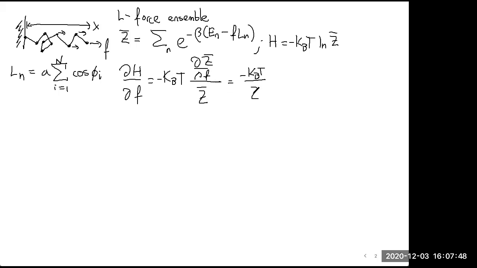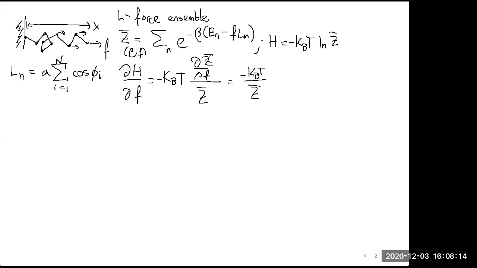This should be easy for you because in the end, Z is a number that can depend on these quantities. As you see, Z depends on the temperature. You're summing over n, so it won't depend on the energy or the length at the end. You're summing over these. So this will be a function of beta and F in reality. These are the only variables on which Z bar depends.